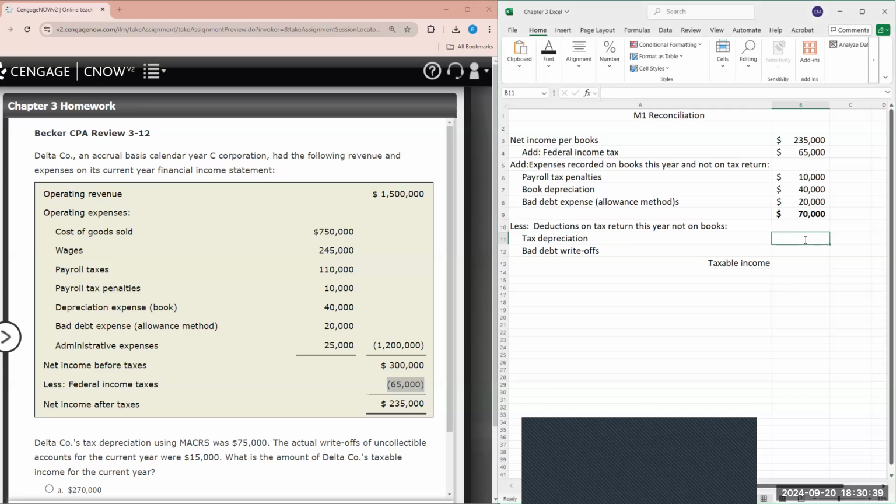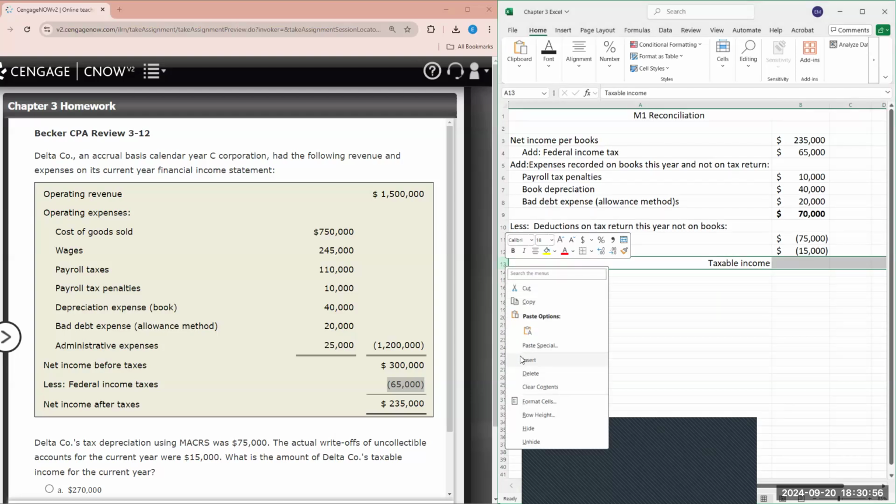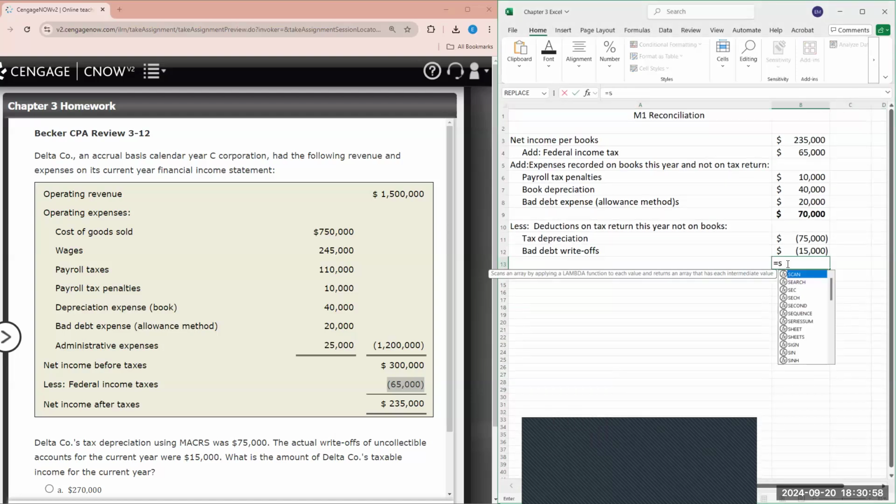And then it also lets us know that the actual write-offs of uncollectible accounts for the current year were 15,000. So we also account for that. So we get the sum total of our deductions, which is 90,000.